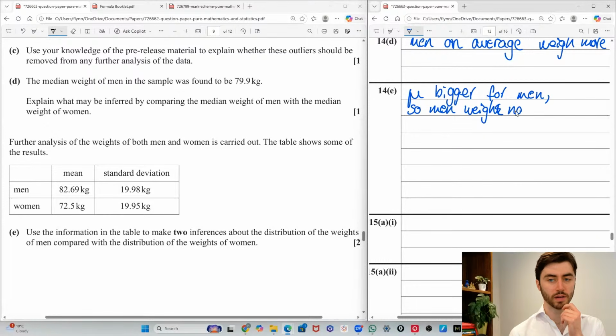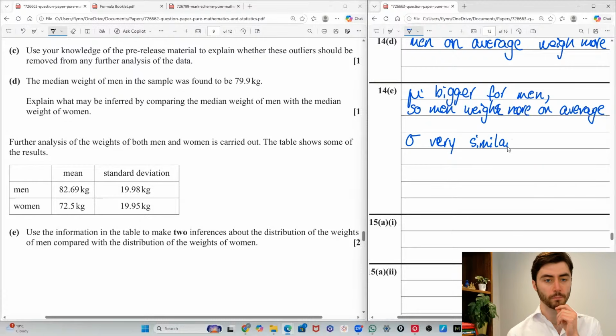So men weigh more on average. And I would say the standard deviation is very similar. So similar spread.